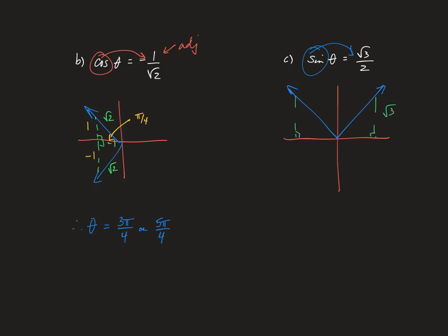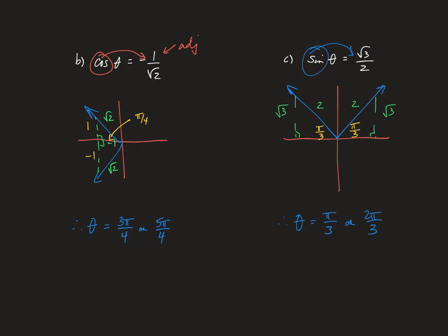Sine is opposite over hypotenuse. I can then tell that my related acute angle, since I have a big opposite side, has to be my biggest angle. And so if I had to state my solution then, I would be pi by 3 in the first quadrant, or 2 pi by 3 in the second quadrant, 1/3 short of 1.